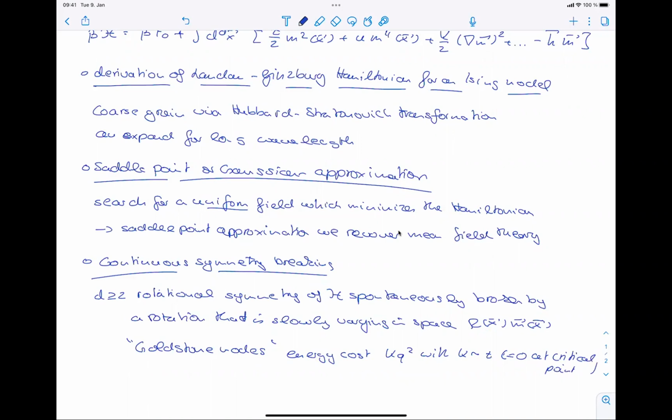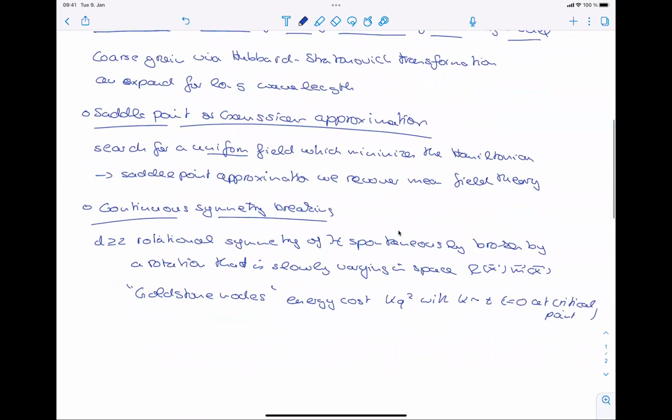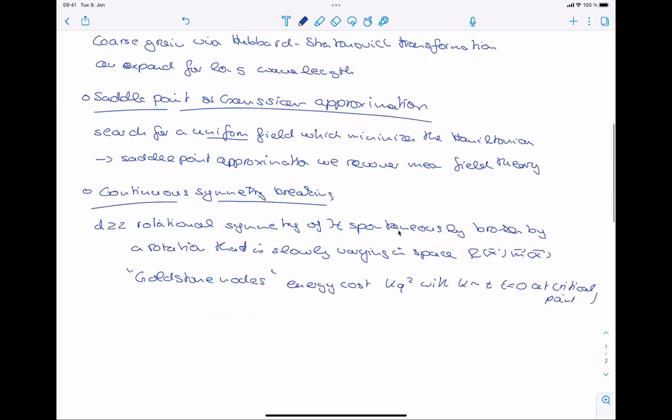As soon as I put thermal energy into the system, these modes can be excited and break the long range order. In lower than 2 dimensions, we can't break a continuous symmetry, but we can break a discrete symmetry.